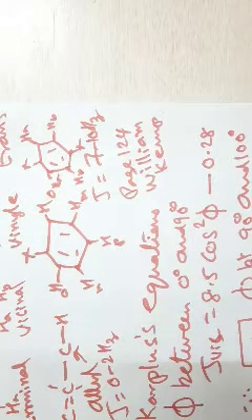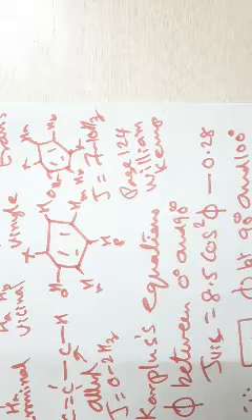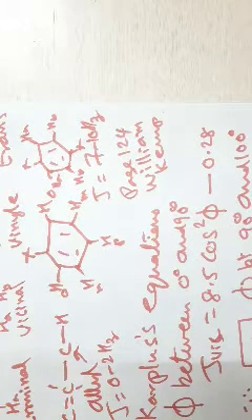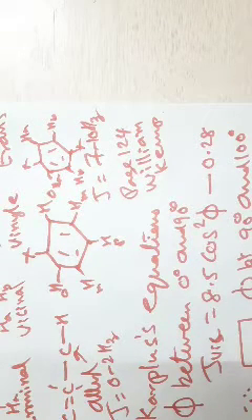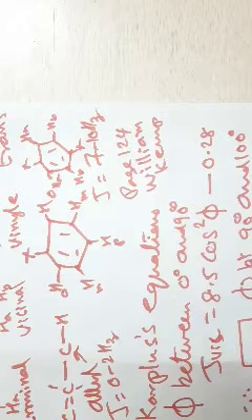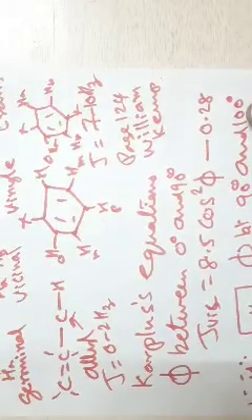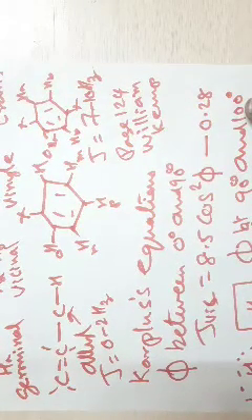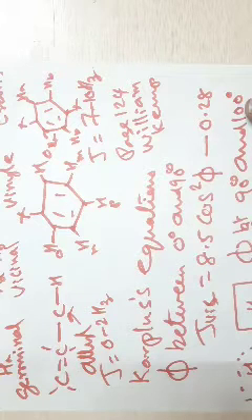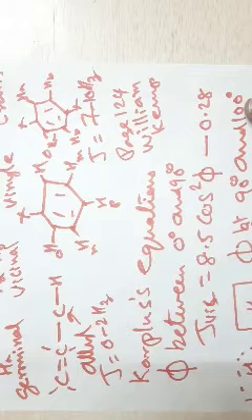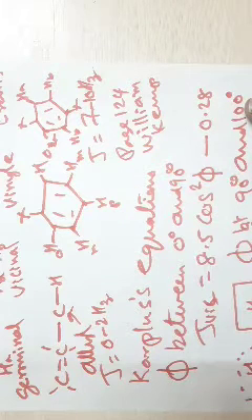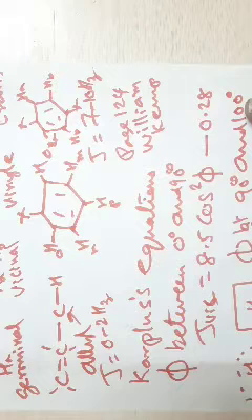In the next class, we shall discuss the coupling of protons with other nuclei which are NMR active. The other nuclei which are NMR active are called heteroatoms, that is, atoms other than hydrogen. We have C13, F19, P31, N15, and deuterium, isotopic labeling.